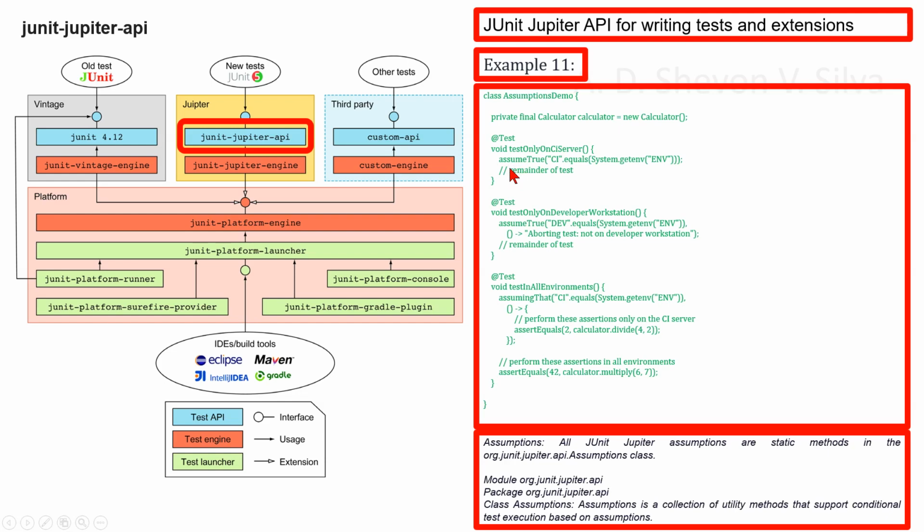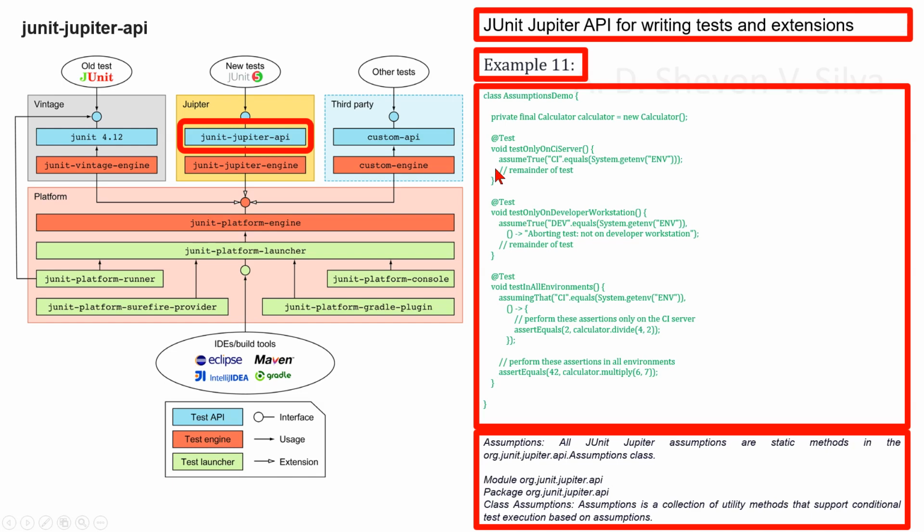JUnit Jupiter comes with a subset of assumption methods that JUnit 4 provides and adds a few that lend themselves well to being used with Java 8 lambda expressions and method references. All JUnit Jupiter assumptions are static methods in the org.junit.jupiter.api.Assumptions class.